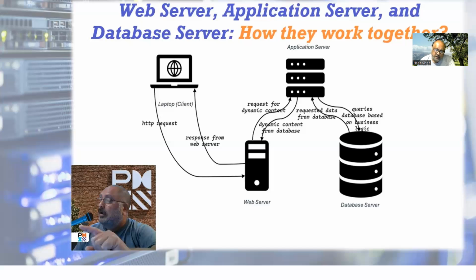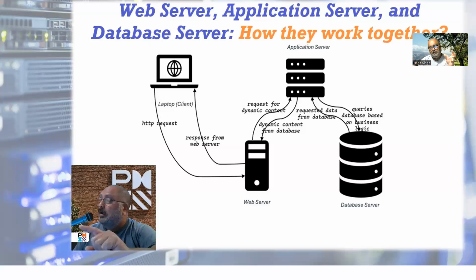Some requests may require further interrogation of the database. The request may be for some complicated or custom data based on a specialized custom request. In that case, there is another server to help with that. That is called the application server.